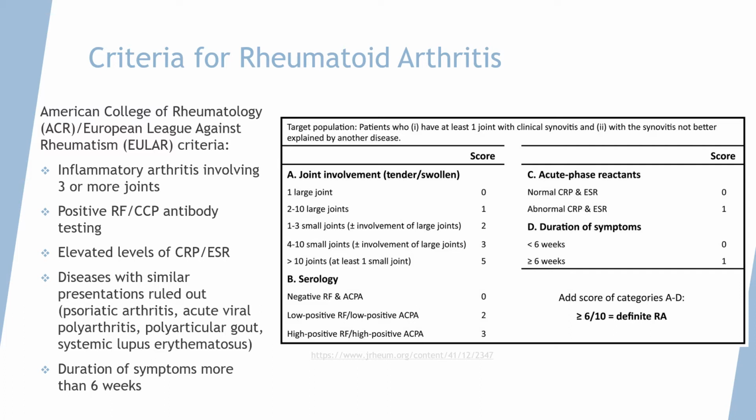If you take a look at this table, you count how many joints are involved, as well as the serology, rheumatoid factor and anti-CCP antibodies, acute phase reactants, and duration of symptoms. You assign a score to each of the criteria and add them up. If it's 6 or above out of 10, this is called definite rheumatoid arthritis.